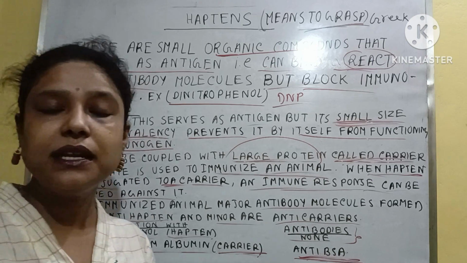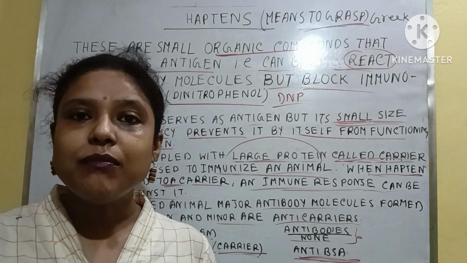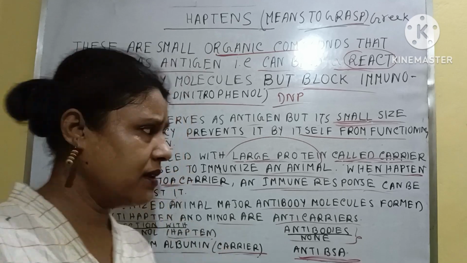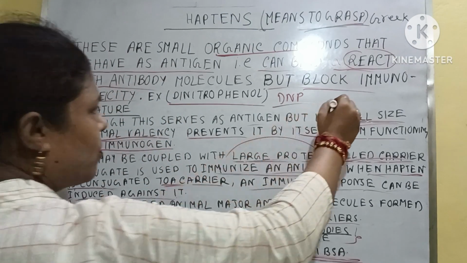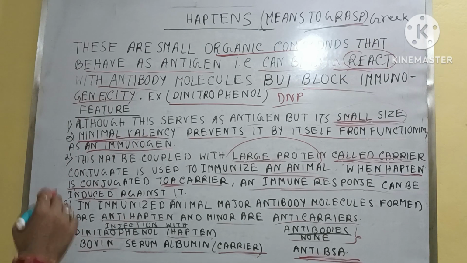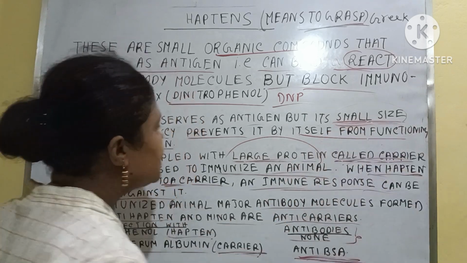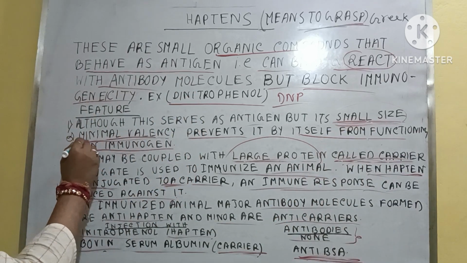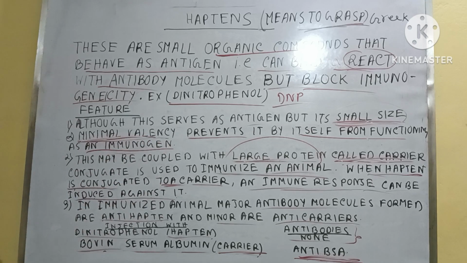So why can the hapten not continue the immunogenic reaction? Because of its small molecular size, okay, and the minimal valency. Clear? So small molecular size and minimal valency are the actual reason.